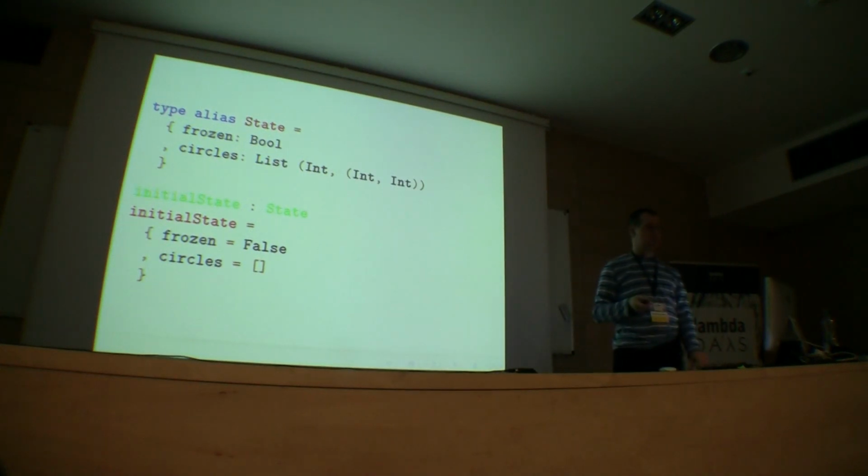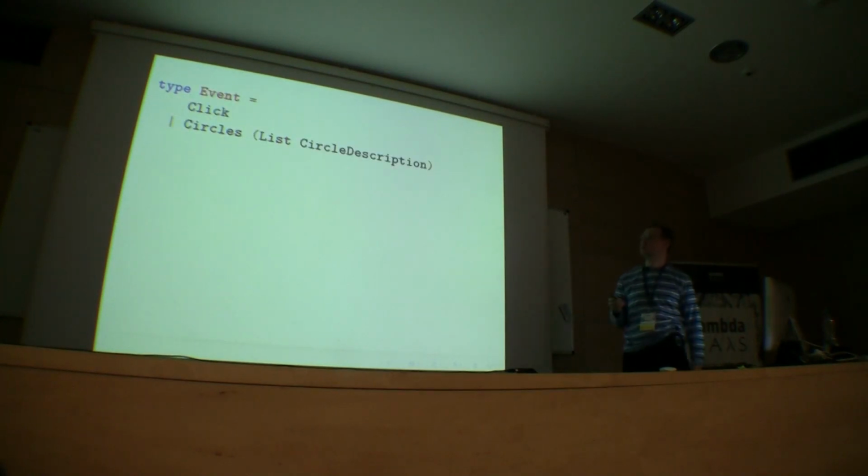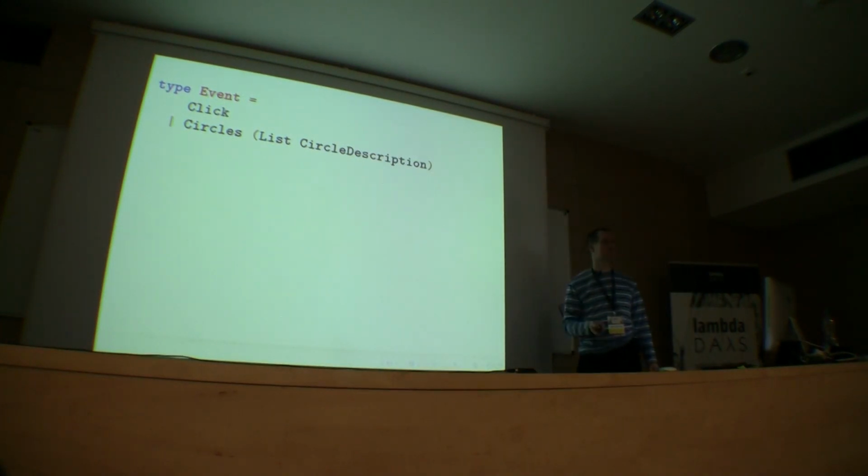So let's create a data type to represent those two types of input. This is a union type. It has two alternatives. The click value represents an event of clicking the mouse, and the circles represents our positions of the circles.